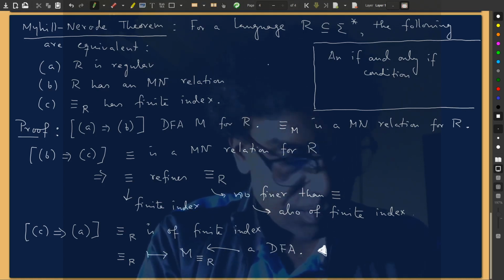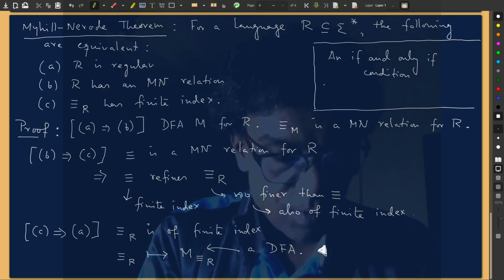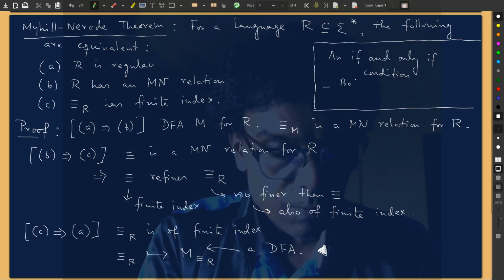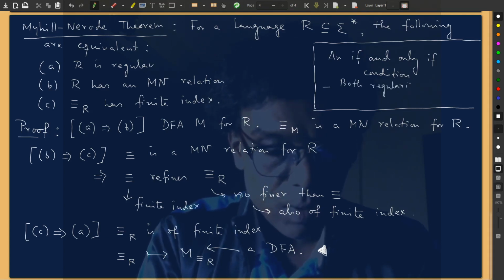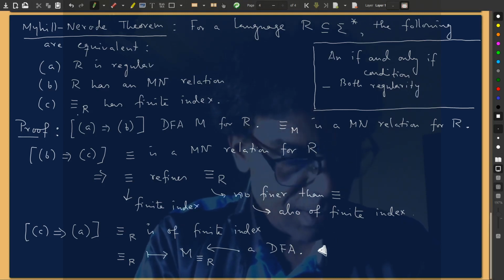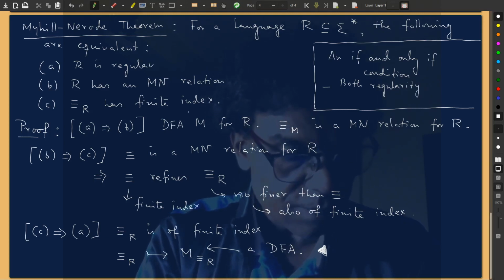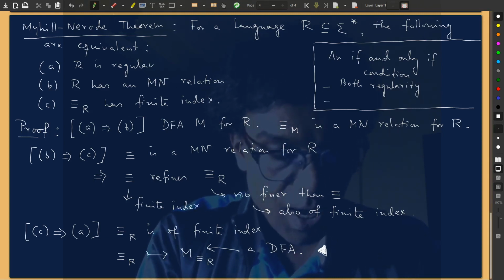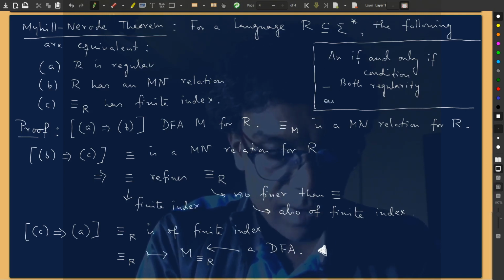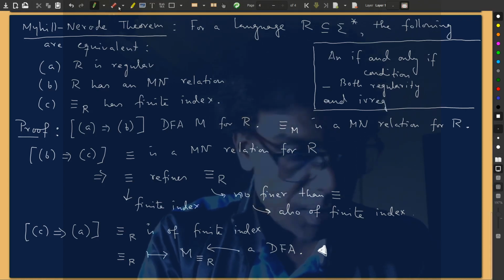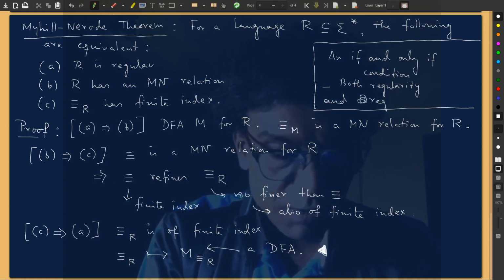So this theorem can therefore be used to prove both regularity, that is by showing that this relation has a finite index, or R has an Mn relation with finite index, and this can also be used to prove non-regularity.